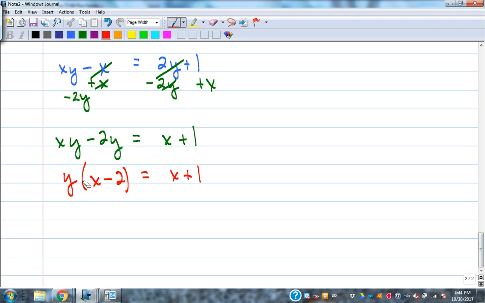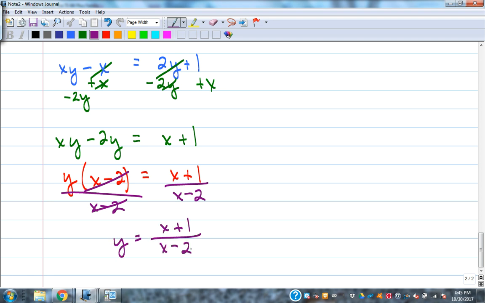They're multiplying. The opposite of multiplying would be divide. I'm going to leave y where it's at, but I'm going to divide by x minus 2. There's y equals x plus 1 over x minus 2. That's the inverse. So we write it in inverse notation.